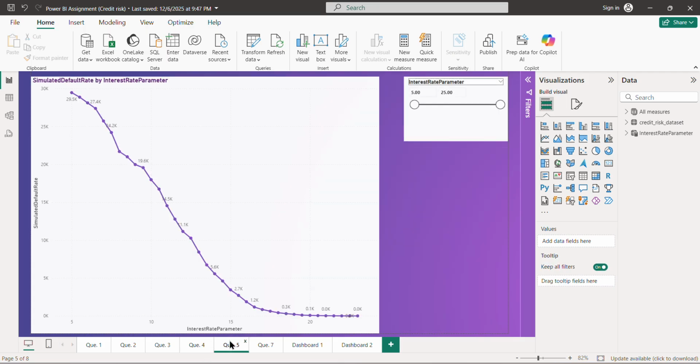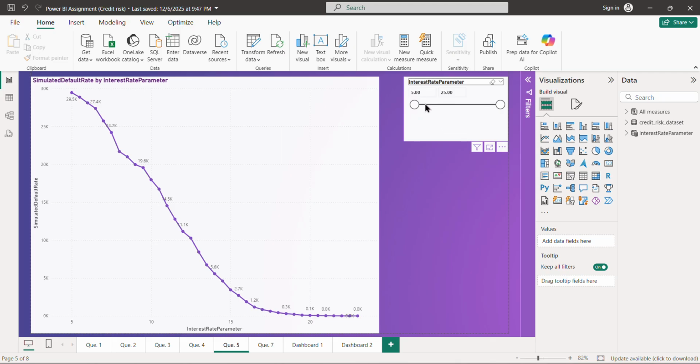Now we are on the next question, and this visualization depicts simulated default rate by interest rate parameter. So let's explore this chart. As we can see, we have the interest rate parameter. This formula calculates how many borrowers default when the interest rate is at or above the value we choose in the what-if parameter.